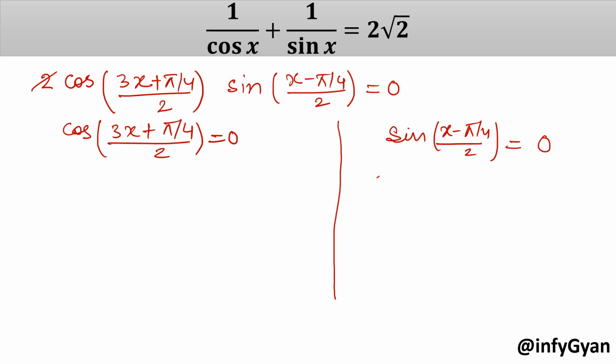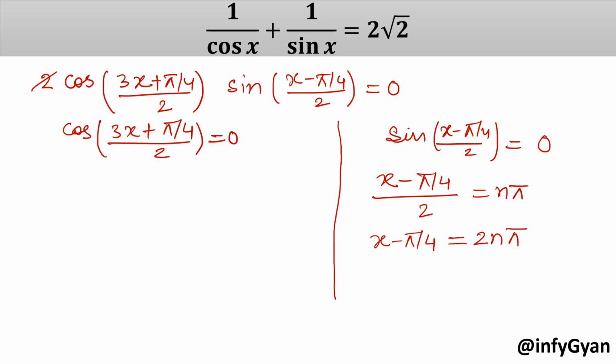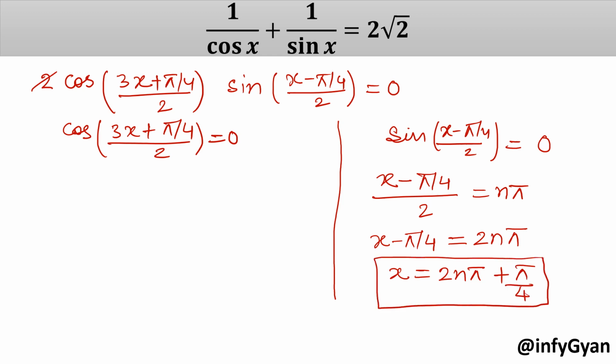So that means x minus pi by 4 over 2 equal to n pi. Sine of n pi is always 0, whether it is 2 pi, 3 pi, 4 pi or minus 2 pi, minus 3 pi, minus 4 pi. So x minus pi by 4 equal to 2n pi. So x is equal to 2n pi plus pi by 4. This is one solution.